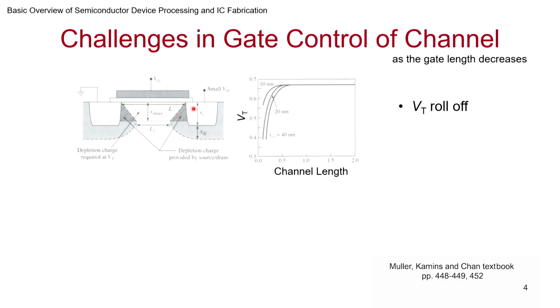So that's one of the things. And as a result, the threshold voltage can drop. In this case you need to apply less gate voltage in order to invert the channel, because the drain's effect is already there. The drain already has a depletion region, and that ends up requiring less gate voltage to turn it on. That means the threshold voltage starts dropping.